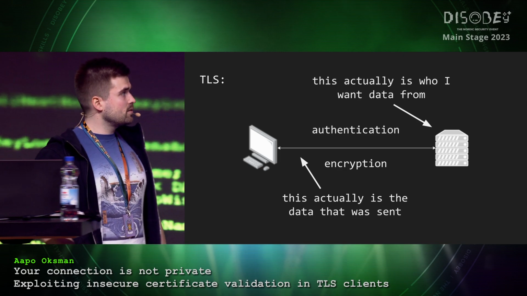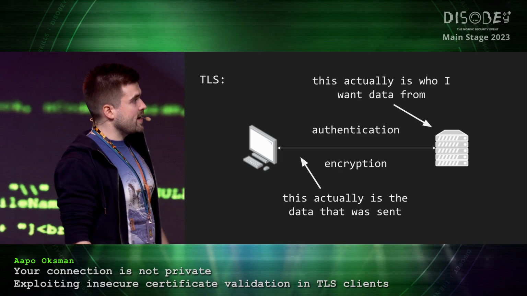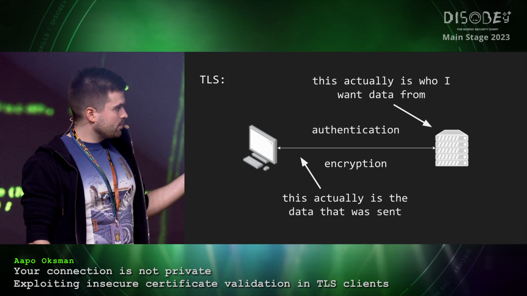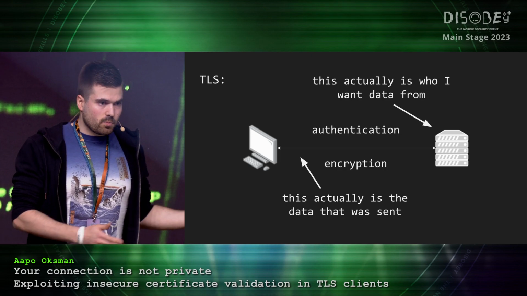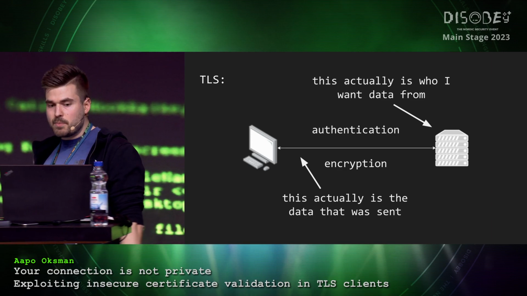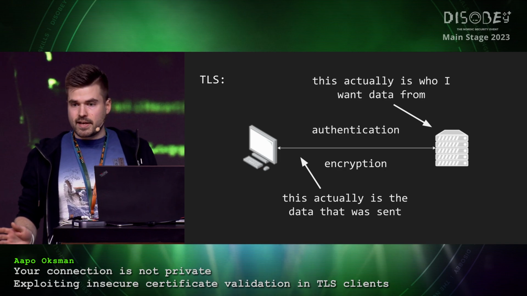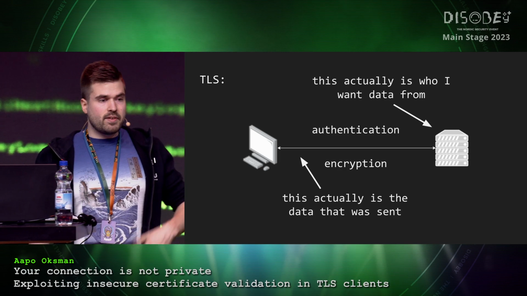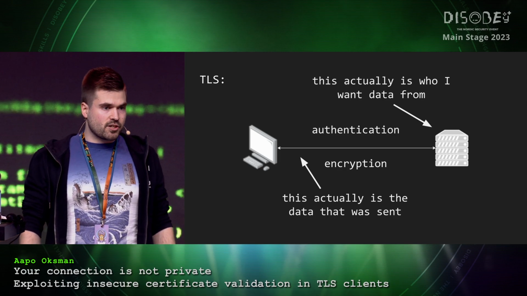In other words, the server is actually where I want to connect to, and the data is actually what I want to get. So no one can go in between and modify it, do these kinds of man-in-the-middle attacks, or even read the data from the internet.